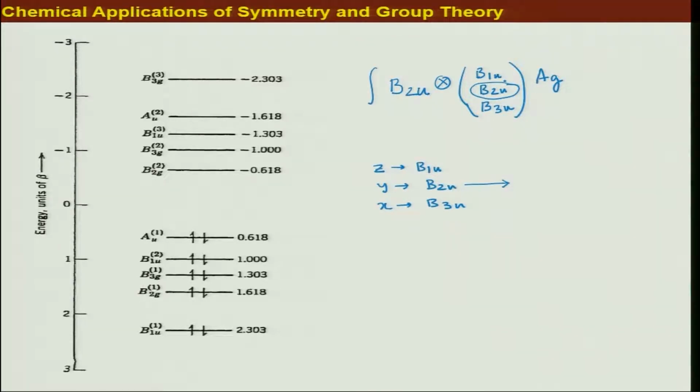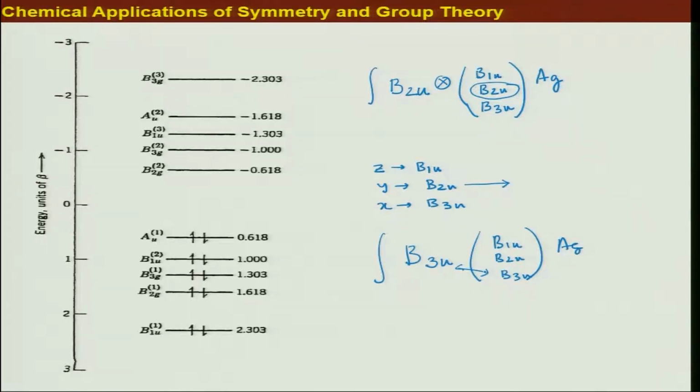Now for the other two transitions, you have the same type of situation where you have B3U as the irreducible representation for both the excited states, and you have the same situation here, B1U and B2U or B3U, and then you have AG, correct? So obviously you can see that the B3U and B3U direct product is going to survive because that is going to give you the totally symmetric irreducible representation.